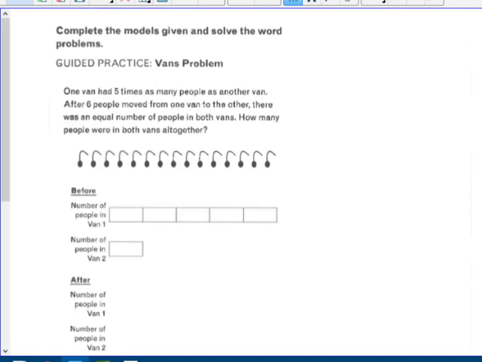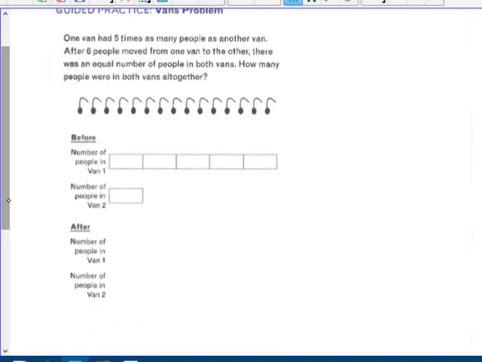The vans problem. One van had 5 times as many people as another. So this one is the 5, right? And this is the one that has only 1, 5 times the other. After 6 people moved from one van to the other, there was an equal number of people in both vans.